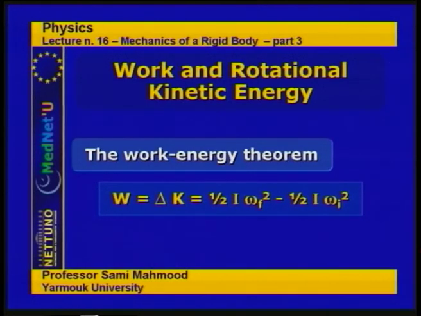So the rotational kinetic energy that we derived, 1/2 I omega squared, is not a new form of energy. It's exactly the same kinetic energy that we were concerned with for a single particle moving with a given velocity v. We just write it in terms of angular quantities instead of linear quantities.